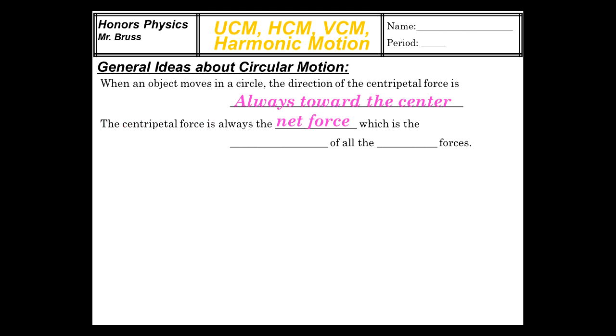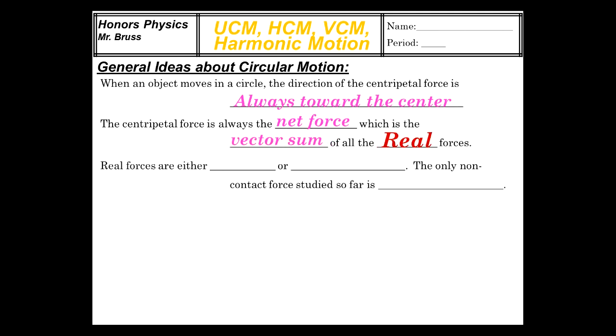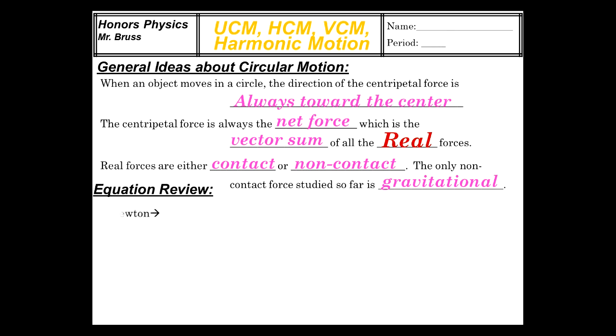We call it centripetal force, but it's the net force, which is the vector sum of all the real forces acting on the object in circular motion. They're either contact or non-contact, but the only non-contact force studied so far is, that's correct, gravitational. We haven't studied it that much, but we have encountered it, and it's a non-contact force.